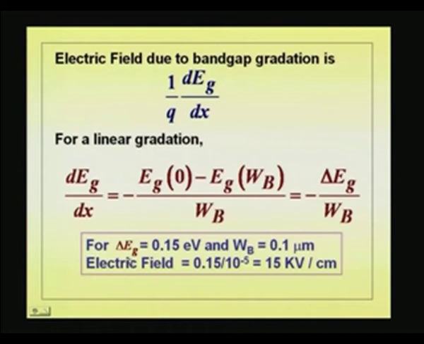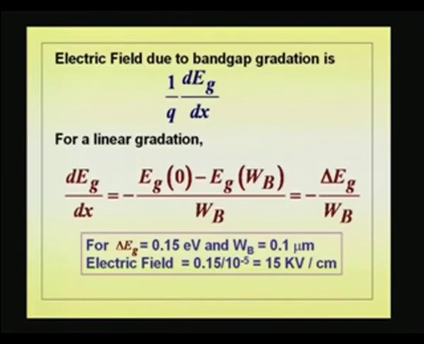Now, if delta Eg is 0.15 electron volts, if you vary the band gap from the collector to the emitter by 0.15, then for a 0.1 micron base width, you can still get a strained layer which has no defects. Electric field is 0.15 by 10 to the power minus 5, 15 kV per centimeter. So, this is the benefit that you get, current flow by drift and diffusion.